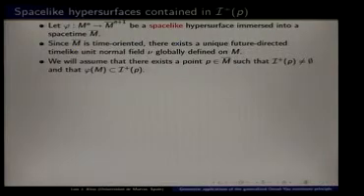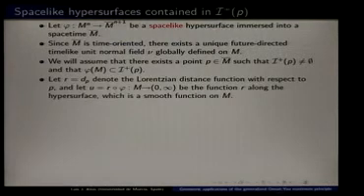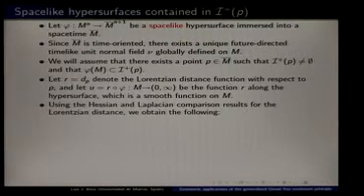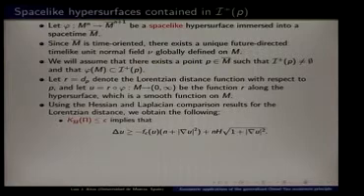We assume now that our immersion is contained in the smooth future of a point P, and then we can restrict the Lorentzian distance to the hypersurface, which gives a smooth function on M. Using the Hessian and Laplacian comparison results above, we have three inequalities.